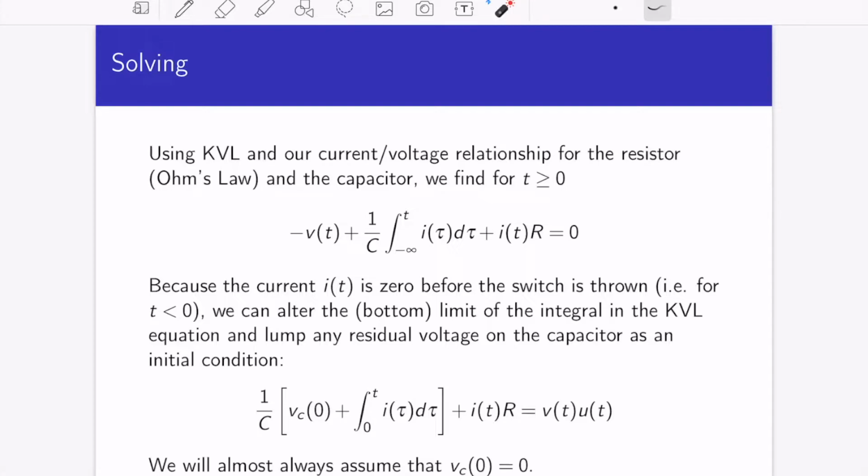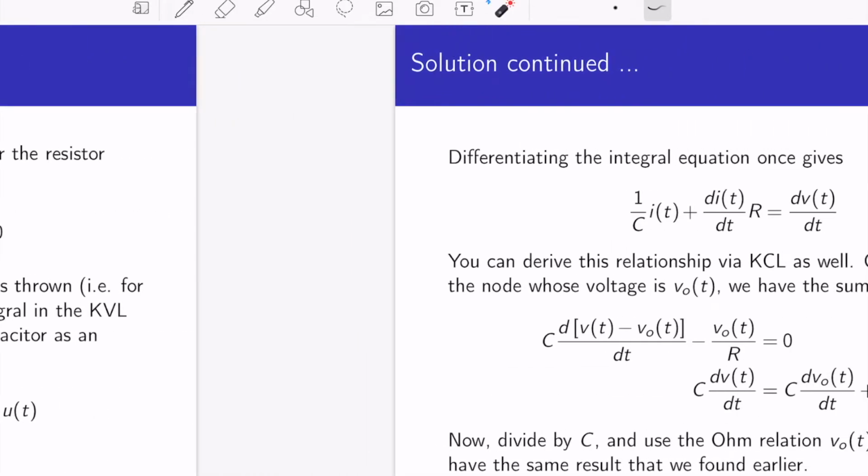So we can change our integral to go from 0 to t and include all the initial voltage in a constant. We will almost always assume that Vc(0) is equal to 0, so for this class, we will not have to worry about that constant voltage.